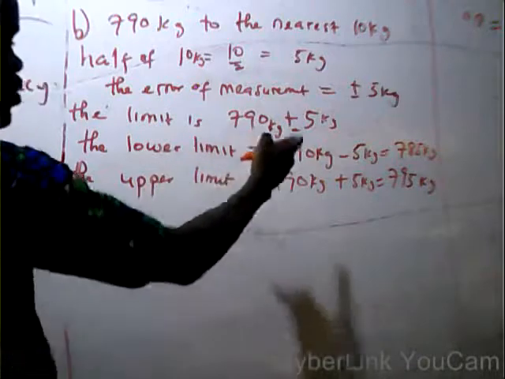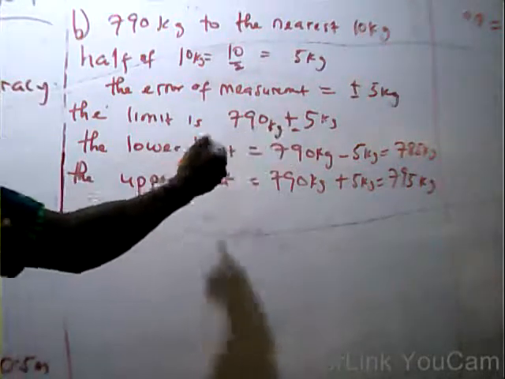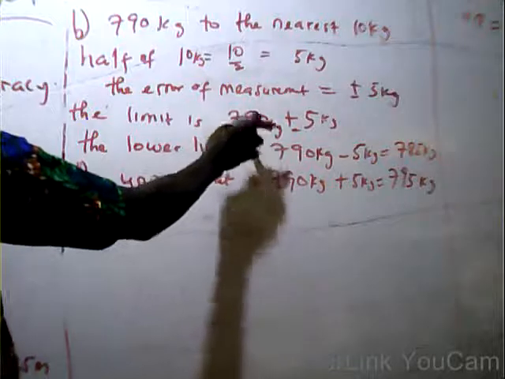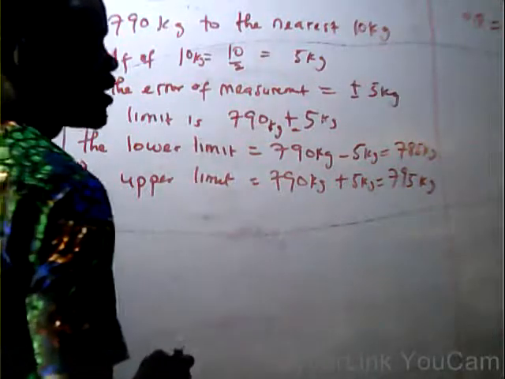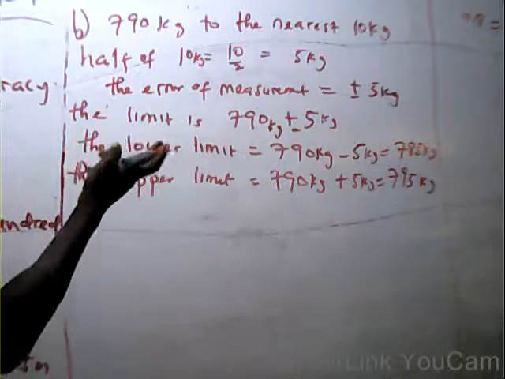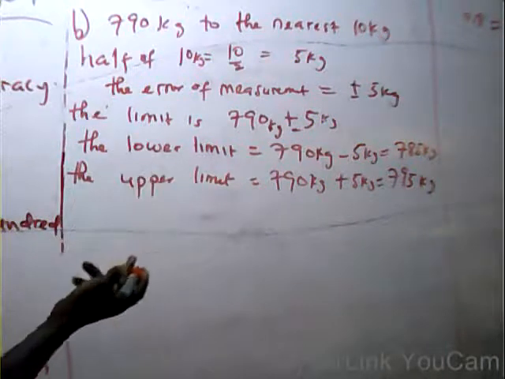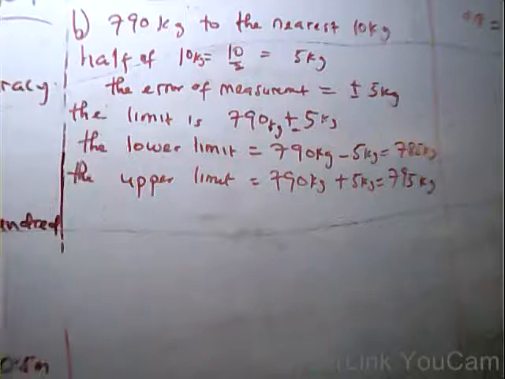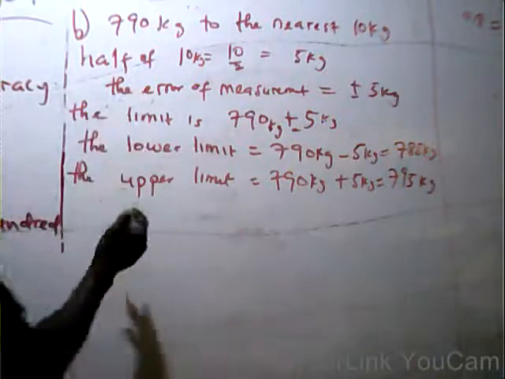Since the real value is 790, we can have 794.499 and so on. All those values should be approximated to 790.